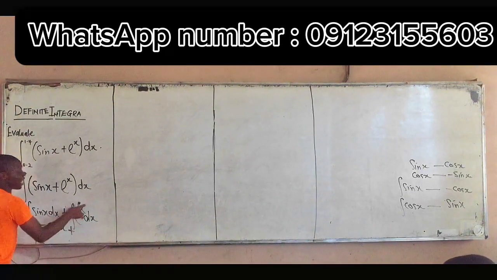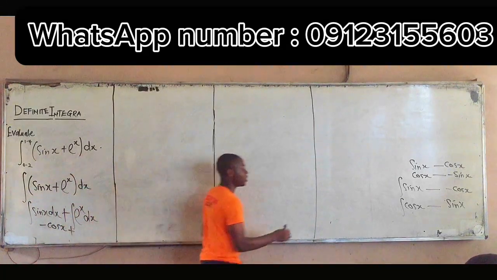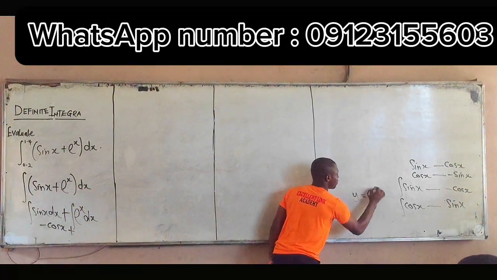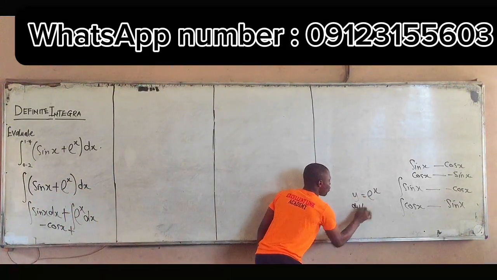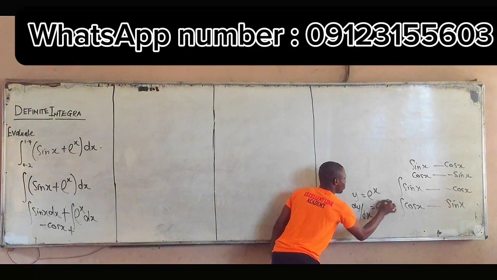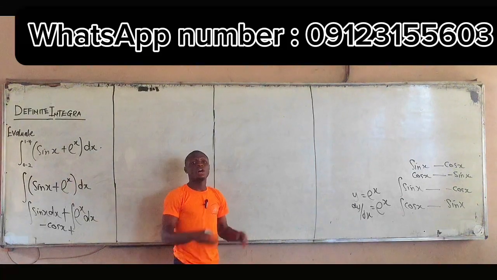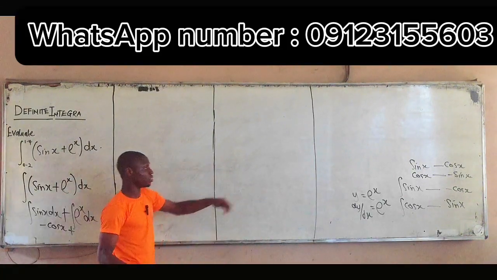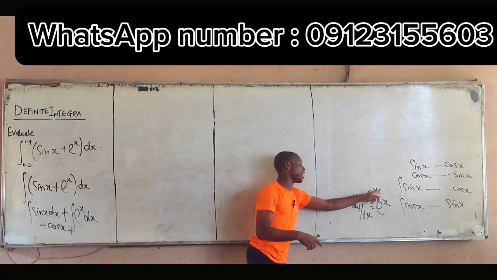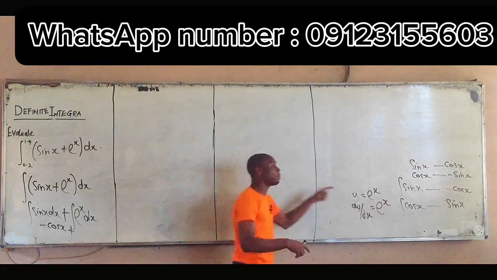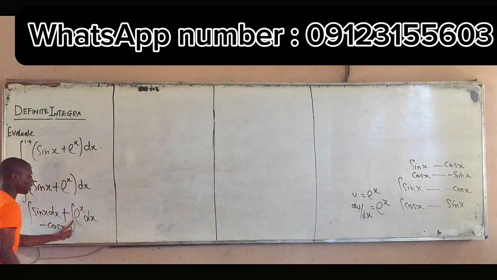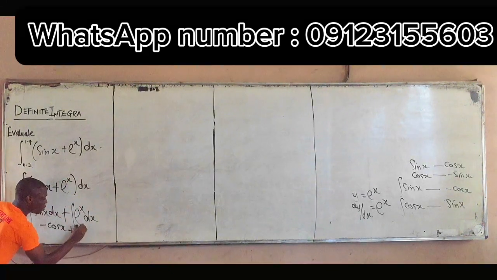Plus, if I integrate exponential x: from differentiation, if y is equal to exponential x, dy over dx is still exponential x. The video for this one is already on the YouTube page, so you can check it. So if I differentiate exponential x, I have exponential x. Similarly, if I integrate exponential x, I have exponential x.